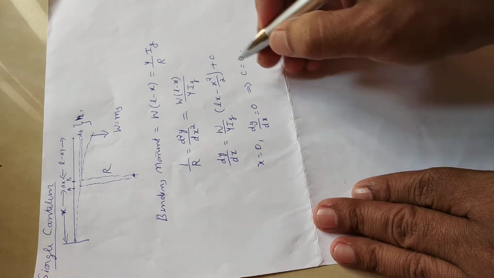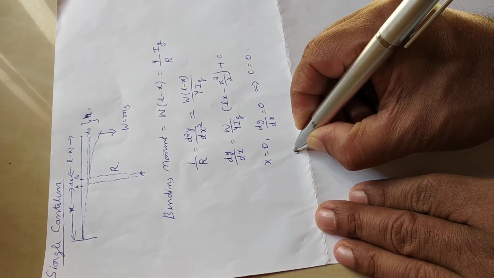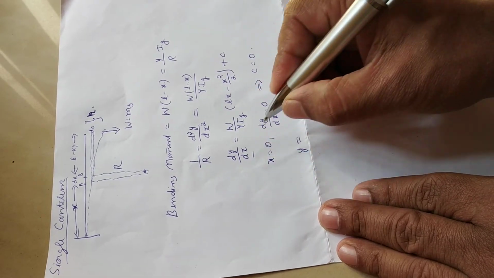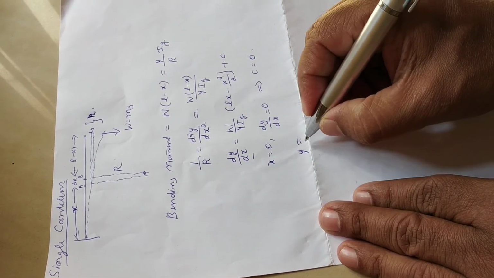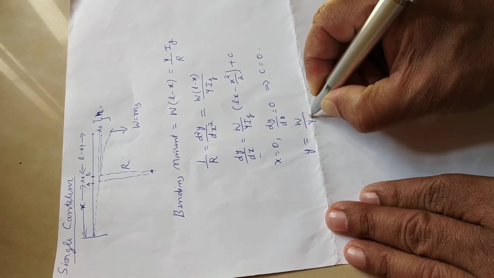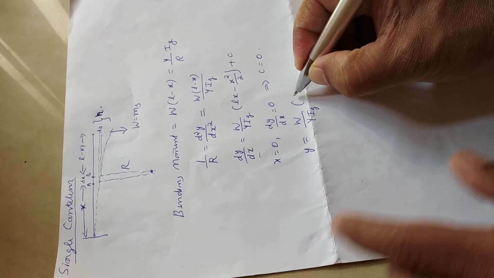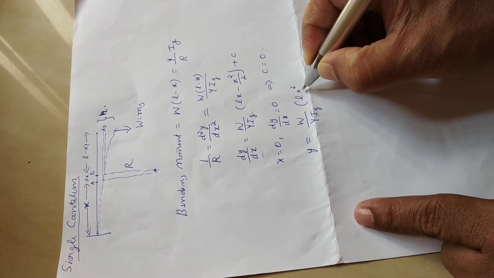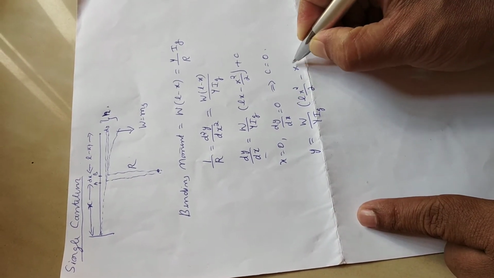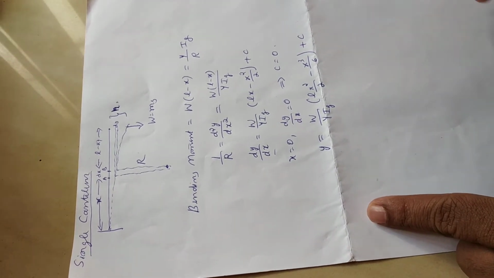Now we can take the same equation and integrate it once again with respect to x. So y is equal to W by Y Ig into (Lx square by 2 minus x cube by 6), again plus a constant of integration.